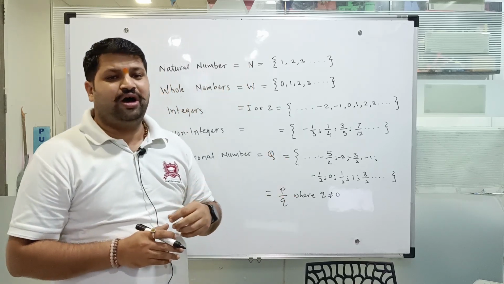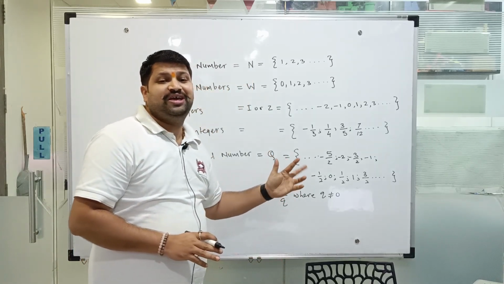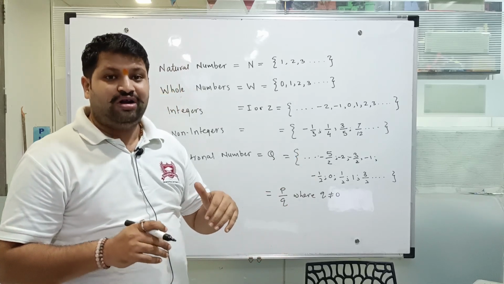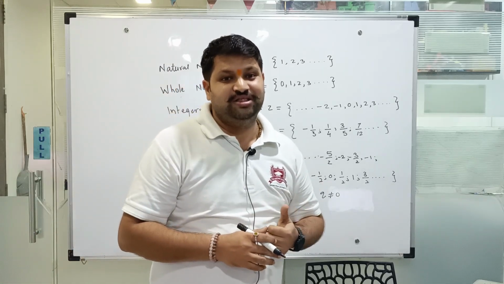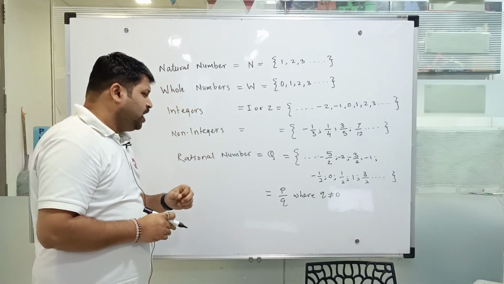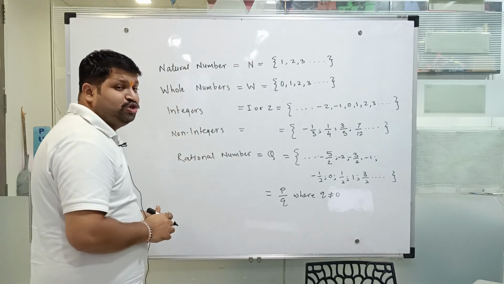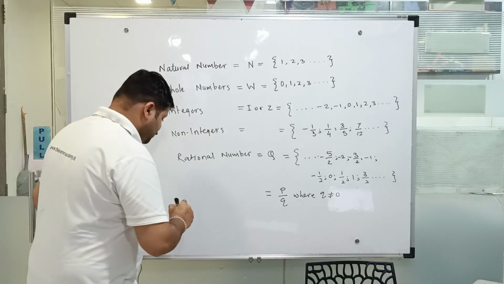So what are these irrational numbers? These are the numbers that cannot be put as a fraction, or we cannot define them as fractions. So let us have a number, say root 2. So let me first write this.